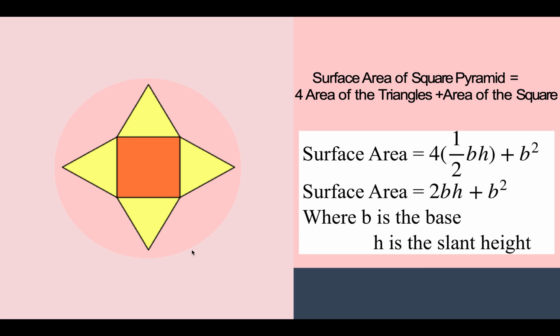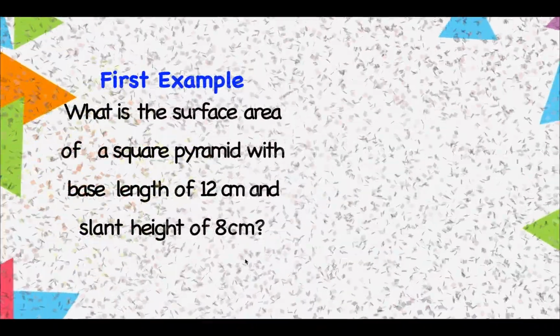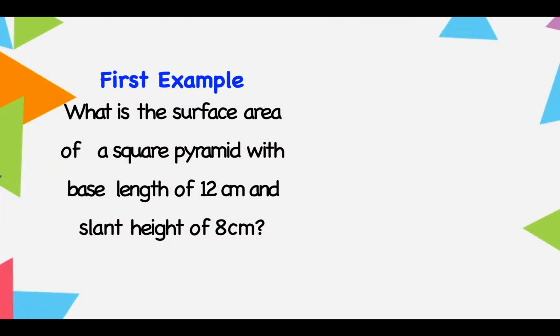So now let us proceed to our first example. What is the surface area of a square pyramid with a base length of 12 centimeters and a slant height of 8 centimeters? Given here the base, which is 12 centimeters, and the slant height of 8. The first step is to write the formula for the surface area of a square pyramid, which is 2bh plus b squared.